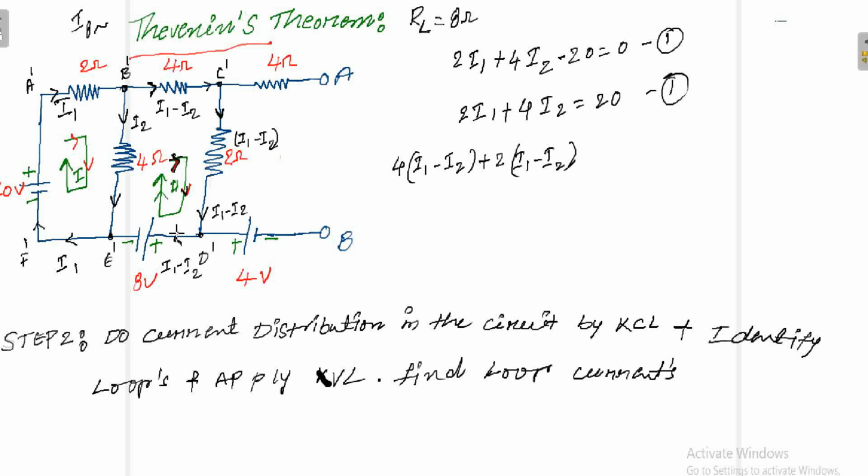Next, minus 4I2 minus 2I2 minus 4I2 is minus 10 I2, which is equal to minus 8. This is your equation number 2. Here we got 2 equations: 6I1 minus 10I2 equal to minus 8, and 2I1 plus 4I2 equal to 20. Just solve these 2 equations, you will get the I1 and I2 values.